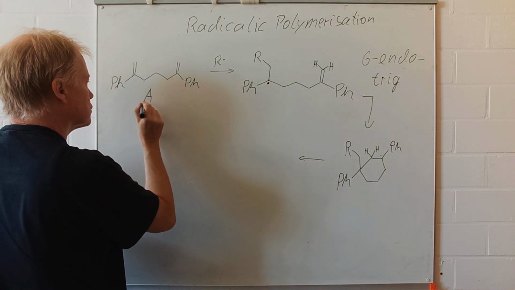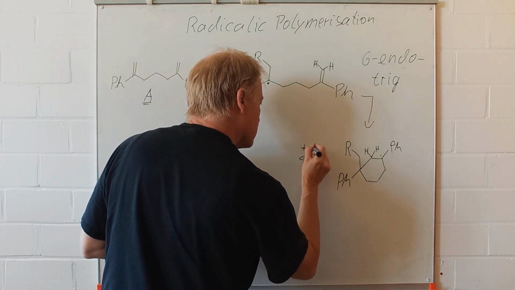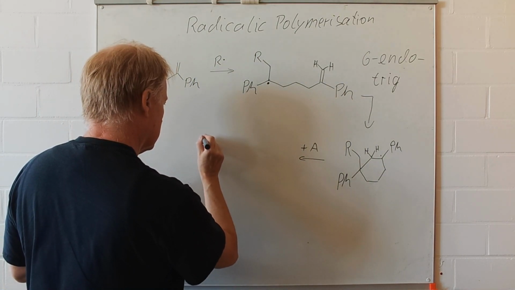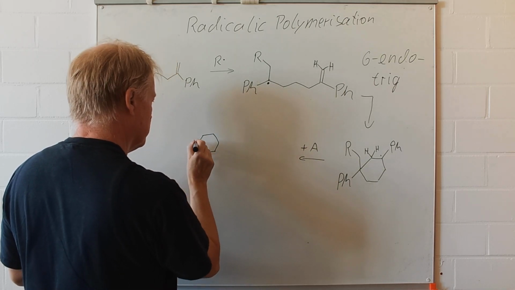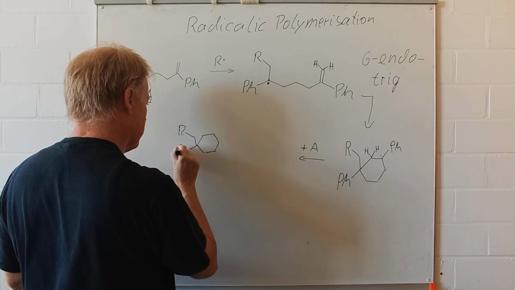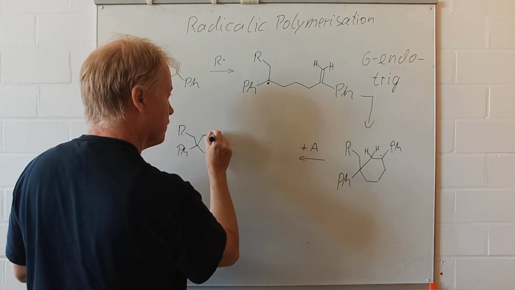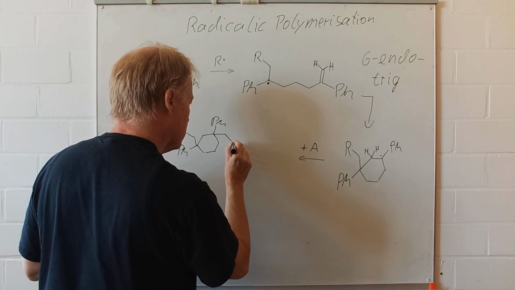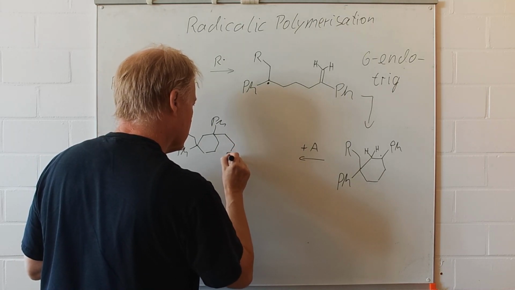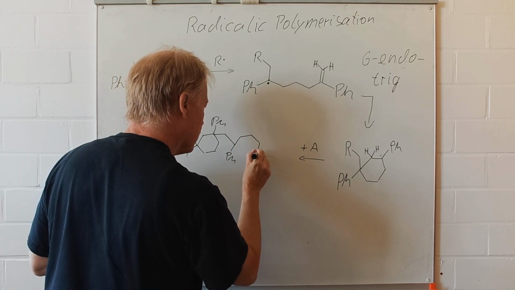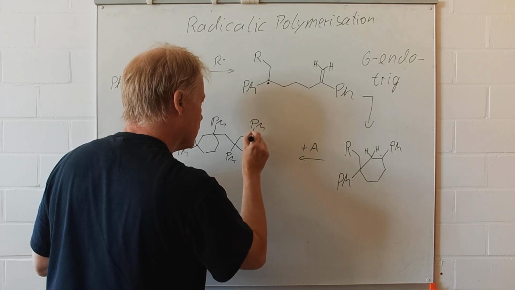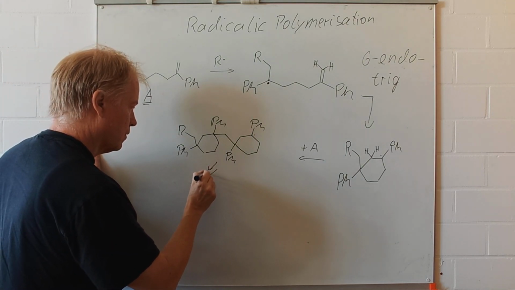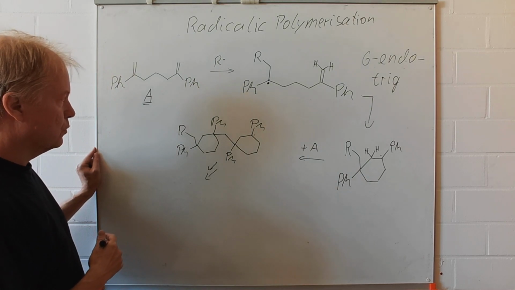So let's call it A plus molecule A. That means that we have the first 6-membered ring, and here now the second 6-membered ring. And the polymerization goes on.